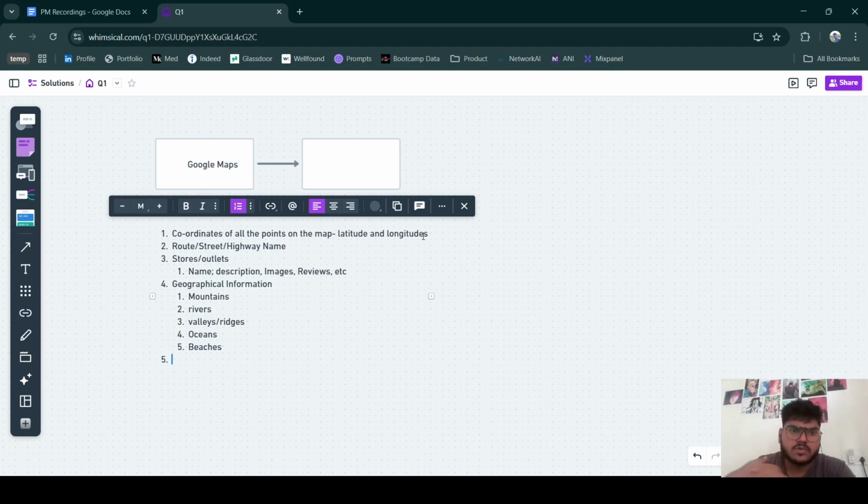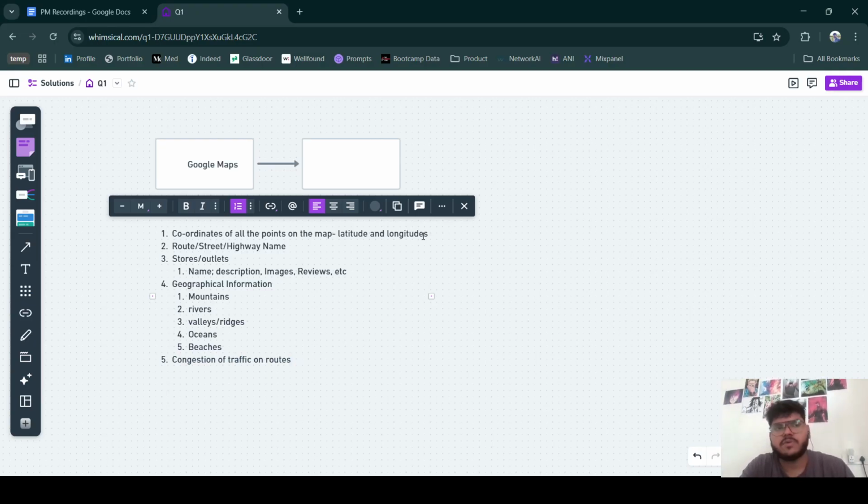And Google Maps has multiple types of views. The default view is the route view. The second one is the satellite view, which includes information about the congestion on the road, that is, the congestion of traffic on routes.